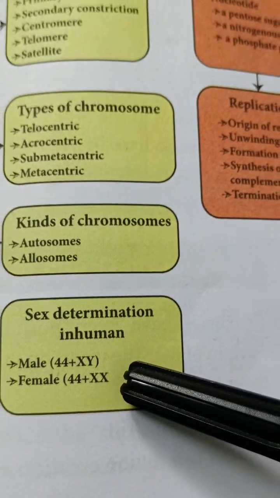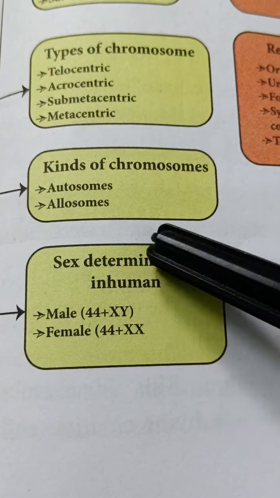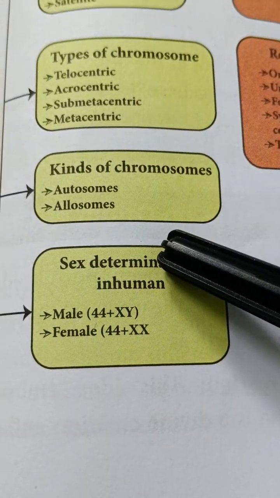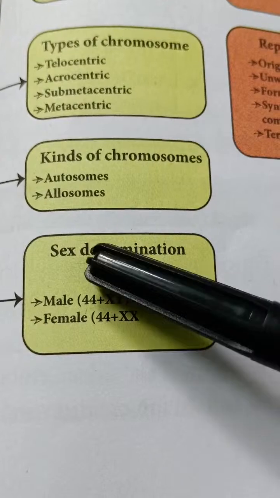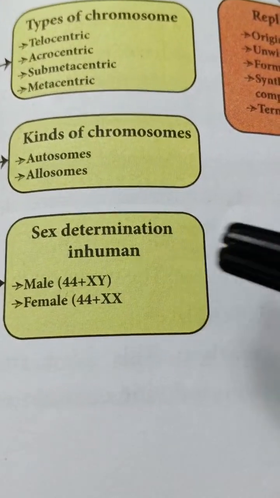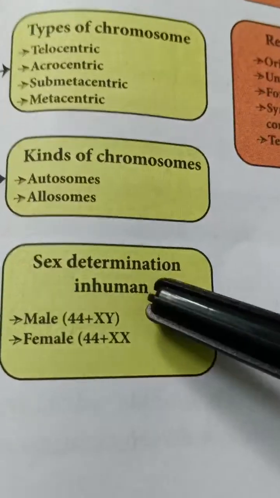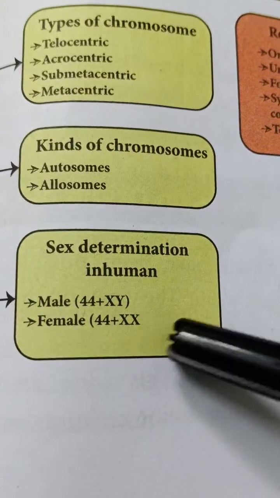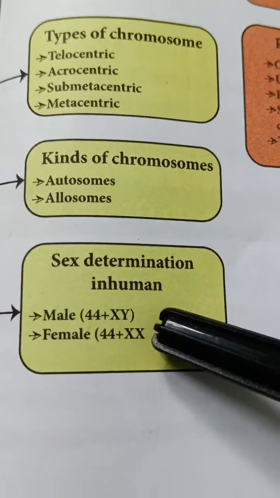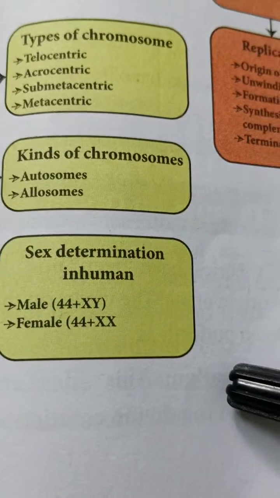We have studied sex determination also, no? During zygote formation, how the DNA splits and how the number of chromosomes splits from each other. The 44 will split into 22 plus 22. From the male you get 22 plus 1 sex chromosome, and from the female also you get 22 plus 1 sex chromosome, and they rejoin and you get a male or a female.